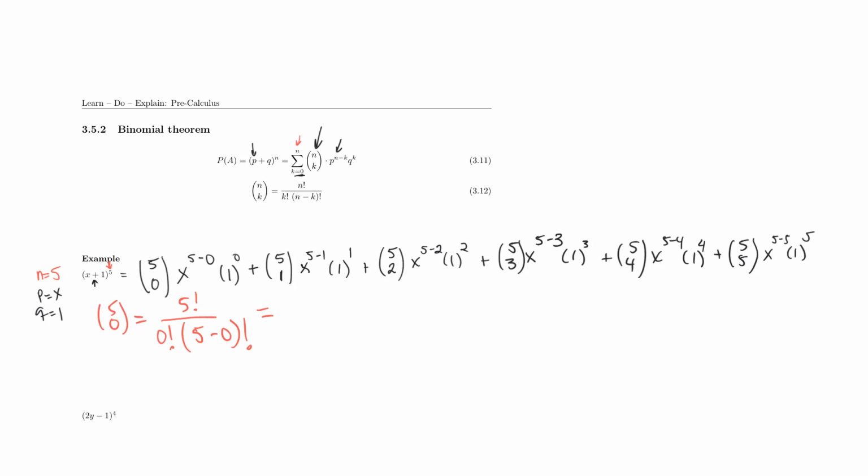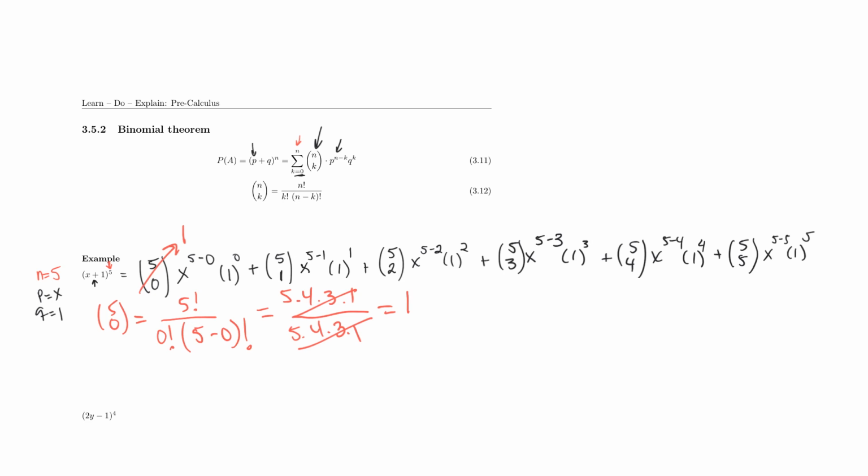This will be equal to 5 times 4 times 3 times 2 times 1 divided by, for the purpose of the combination, this 0 factorial is just not taken into account, and then we just have 5 factorial again, which is 5 times 4 times 3 times 2 times 1, and this cancels with this one, and we end up with 1. So this number right here is 1.